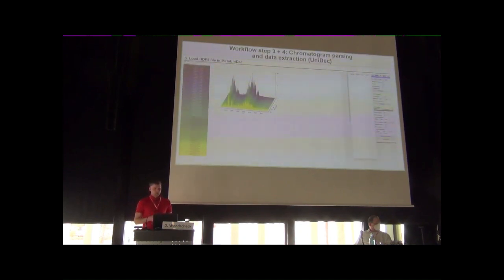Within MetaUniDec, you then have, as I said, for each time point, starting at 0 to 50 time points, a single mass spectrum. On the right side, you then select your processing parameters and the deconvolution parameters, as well as the picking for the different species.